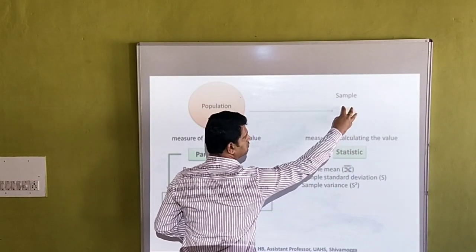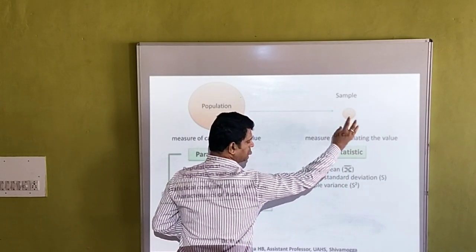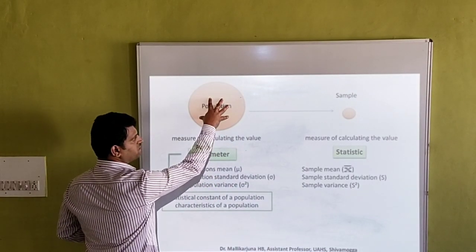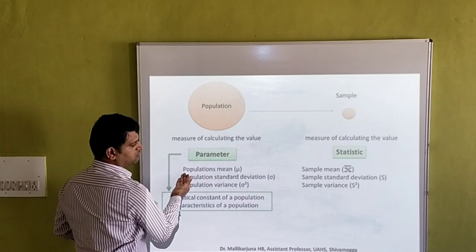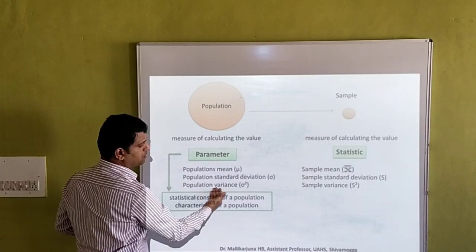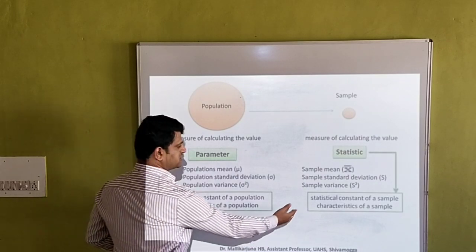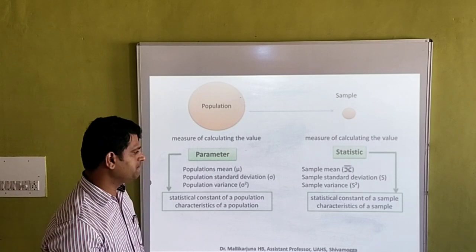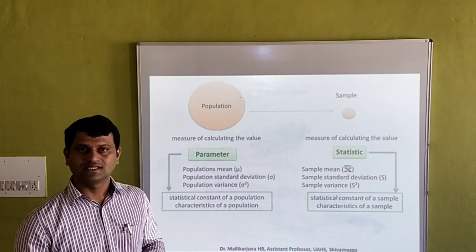If I calculate standard deviation from the sample, that is the sample standard deviation. If I calculate variance from the sample, that is the sample variance. Here also it is the same thing. If I calculate the mean from the population, for all the observations, that is the population mean, like population standard deviation and population variance. If I say statistical constant of a sample, that is a statistic only. If I say characteristic of a sample, that means a statistic only.